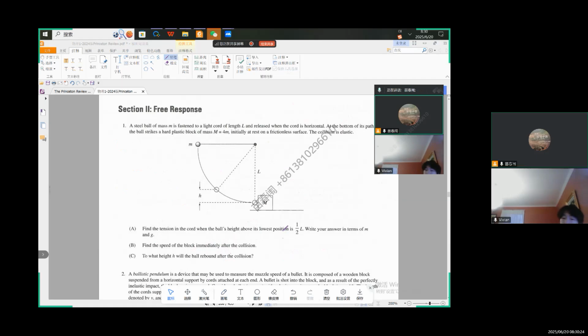B. To the block immediately after the collision. If the collision's elastic, that means momentum is conserved, so mv equals 4v.